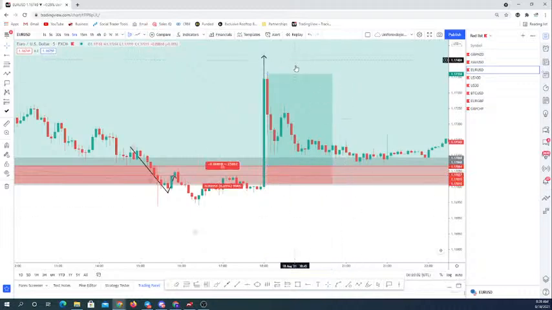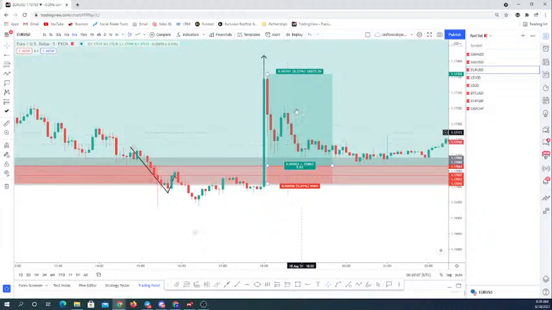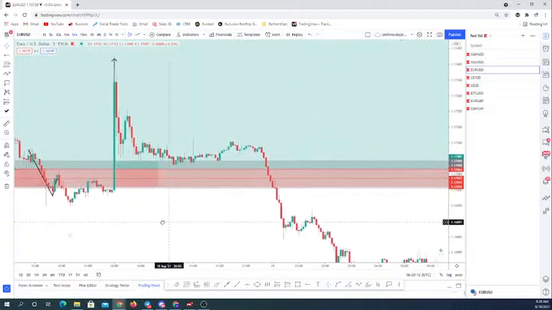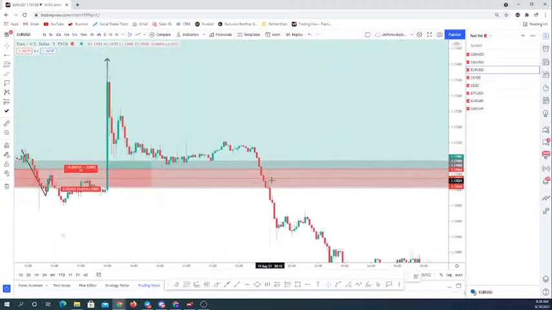So with the Wushu toolbox, it would have automatically moved everything for you. If you're too slow, you'll have probably missed this beautiful trade and probably got stopped out somewhere here.